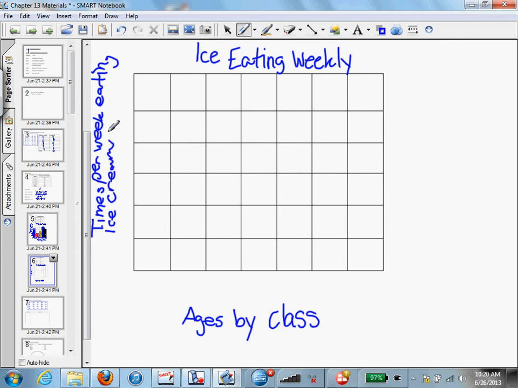Again, we're going to use the same notation of 0, 5, 10, 15, 20, 25, and 30.